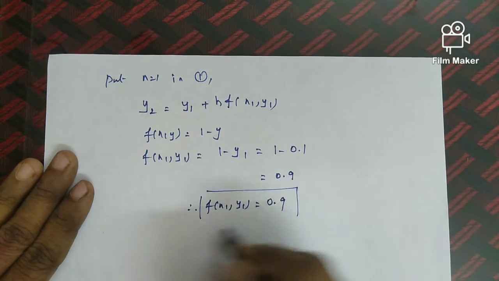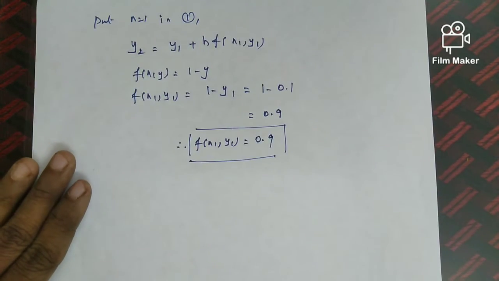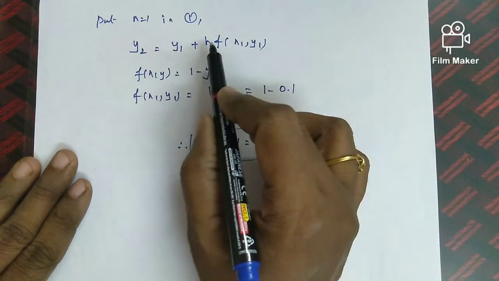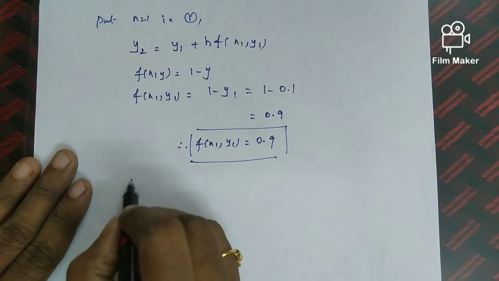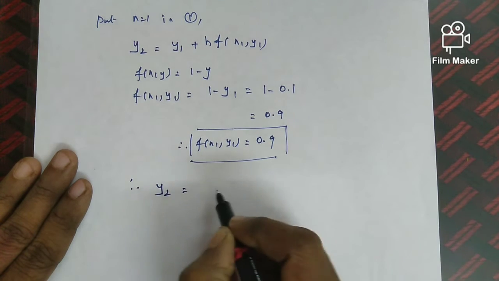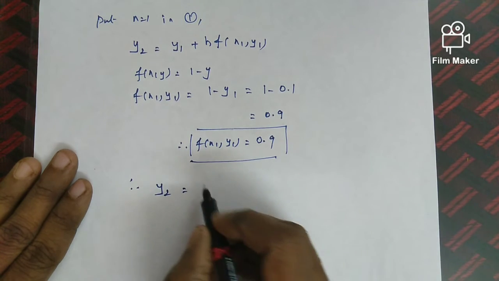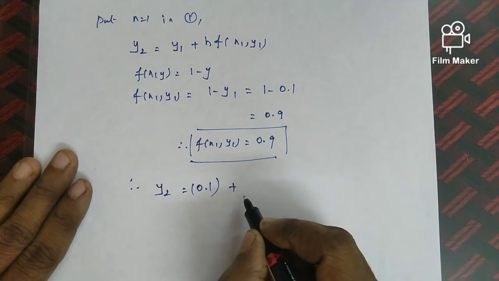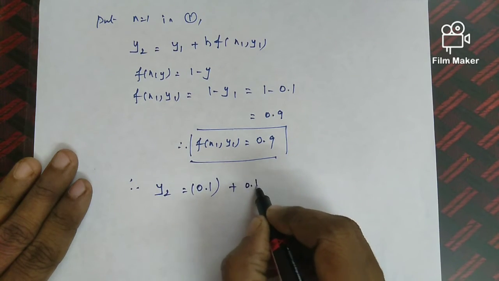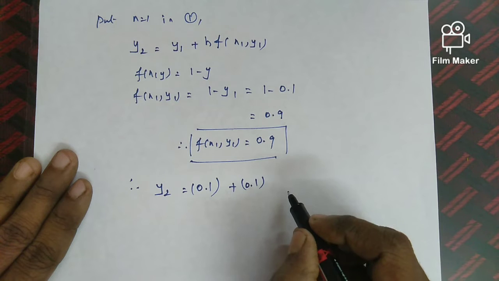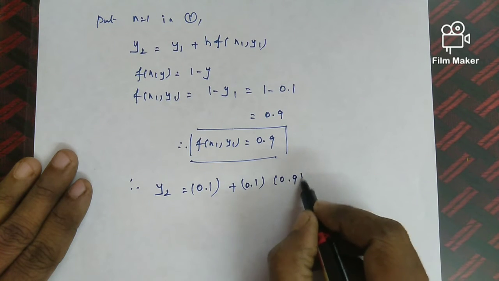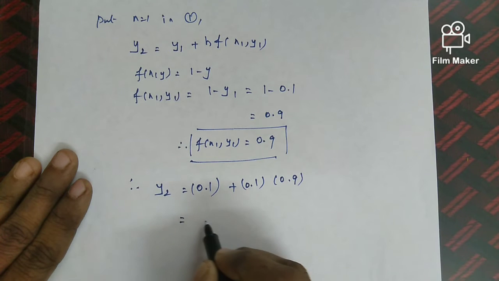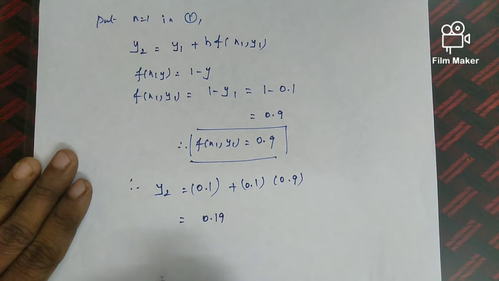Is it clear? So in our y2, we know the values of y1, h value and f of x1 y1. Therefore, our required answer y2 equal to y1, that is 0.1, which we just got, plus h value, h is also 0.1, isn't it, into f of x1 y1, that is 0.9. So obviously our y2 value is 0.19.